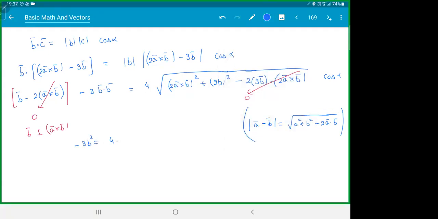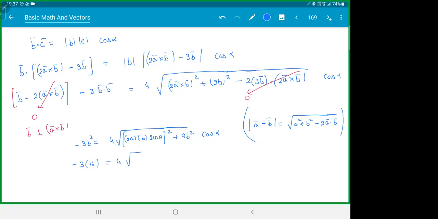This will be 4 root over 2A cross B, which is 2A into B into sine theta, whole square, plus 3B square. That will be 9B square, into cos alpha. Substitute all the values. A is equal to 1 and B is equal to 4. 16.